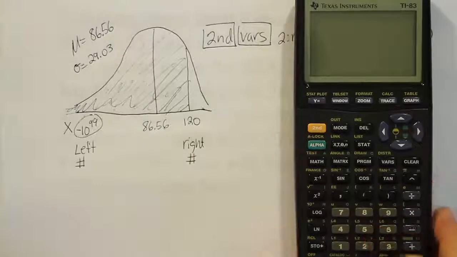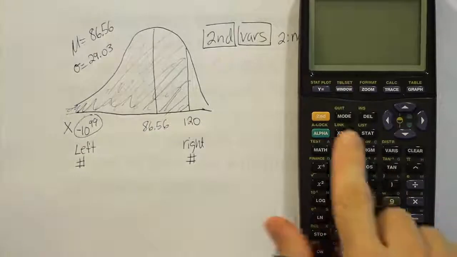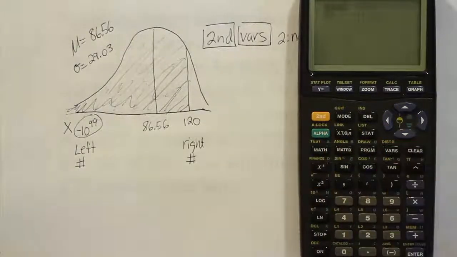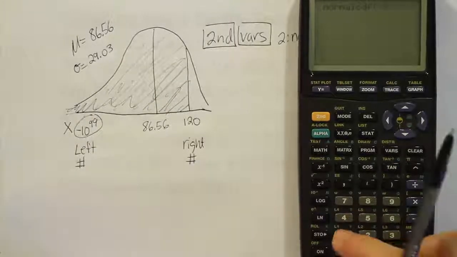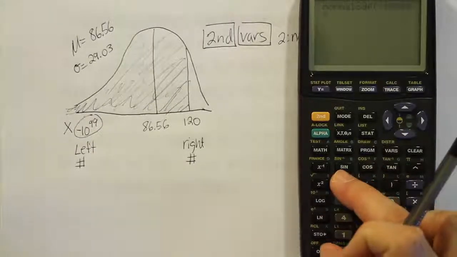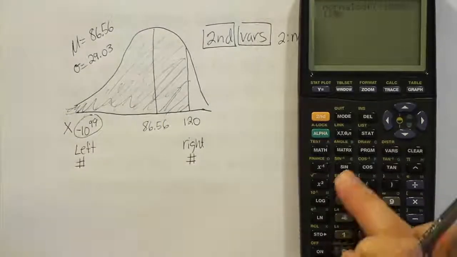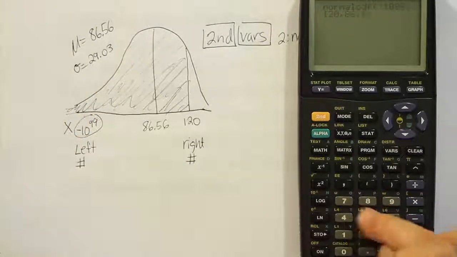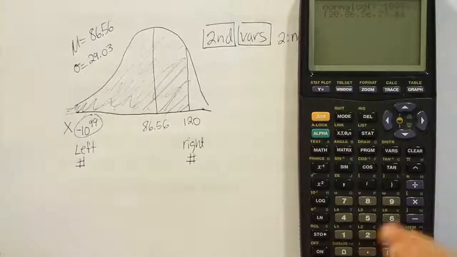Here's my graphing calculator, and we're going to go ahead and do just what we said. We're going to press second, so let's turn it on first. We'll press second vars, take option 2, and then now that we're in there, we're going to give it our left number, which was negative 10 to the 99th power, comma, the right number of our shaded area, which is 120, comma, the mean, which is 86.56, comma, the standard deviation, which is 29.03.